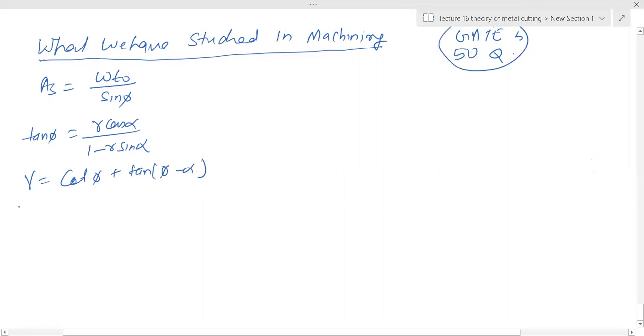Then r, that is T0 by Tc, that we call the chip thickness ratio.